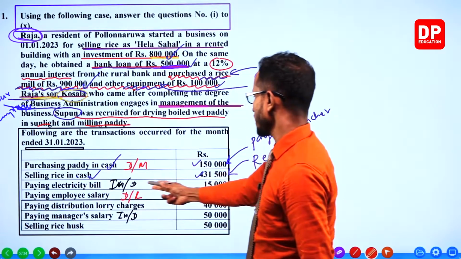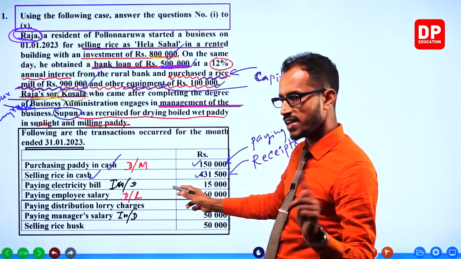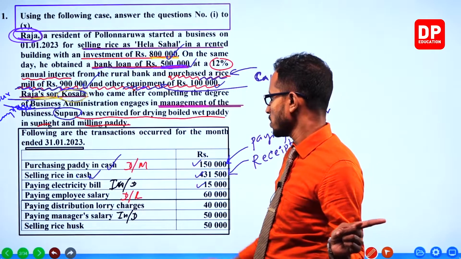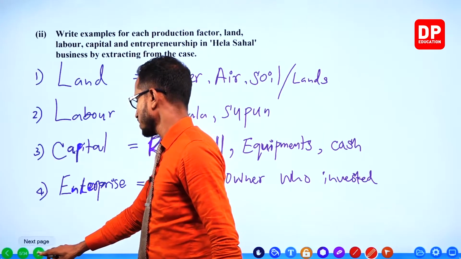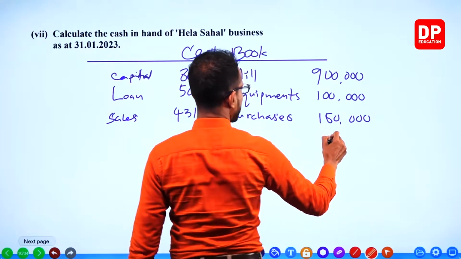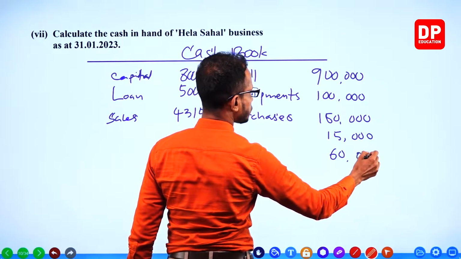Paying electricity bill, again a cash outflow, expense 15,000. Paying salary 60,000.